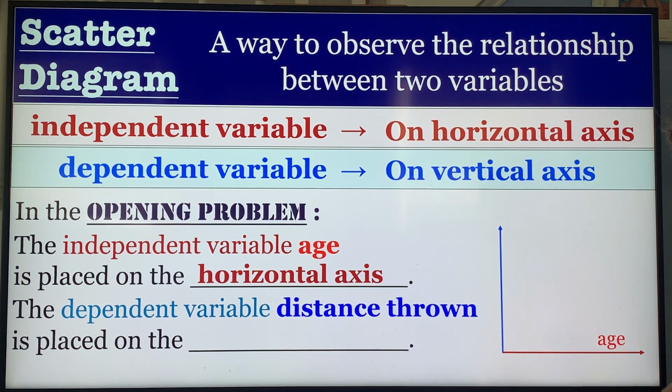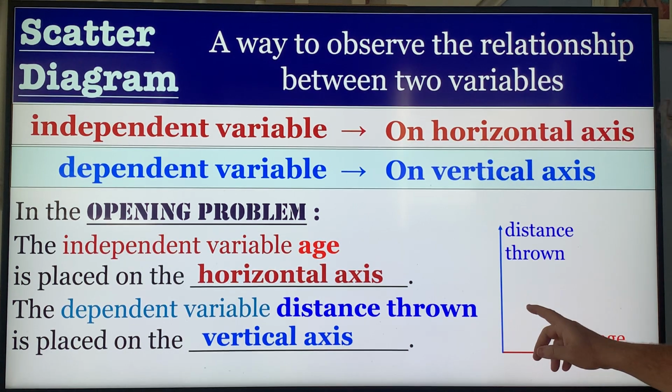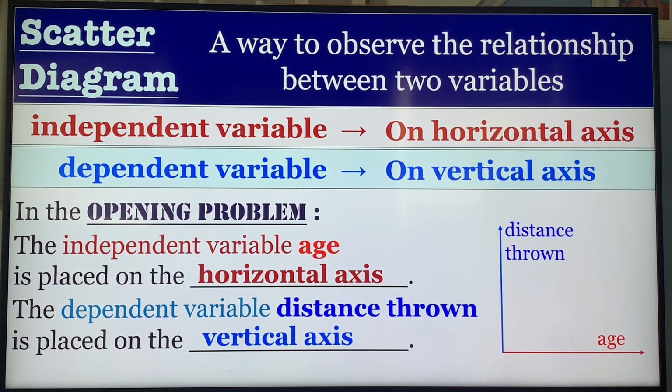Those are very common independent variables. Dependent, distance thrown, is put on the vertical axis. So you plug in your age, you get distance thrown, and then you'll get certain plots. That's pretty simple, isn't it? See, I told you it wasn't too bad.